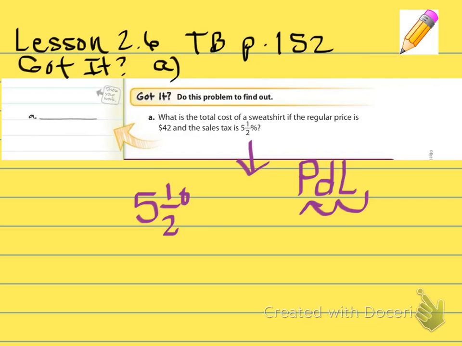Your percent is written as 5.5%. Don't let the fraction fool you. That's just 5.5. Now you're going to change the decimal. You're going to move it over 2 places to the right, so you would need to fill in this empty space with a 0.